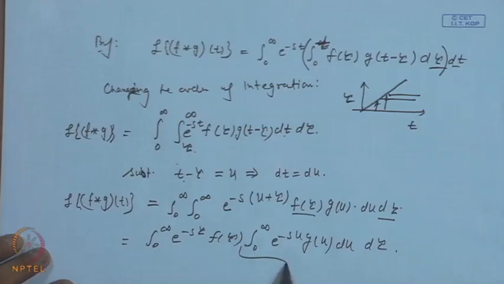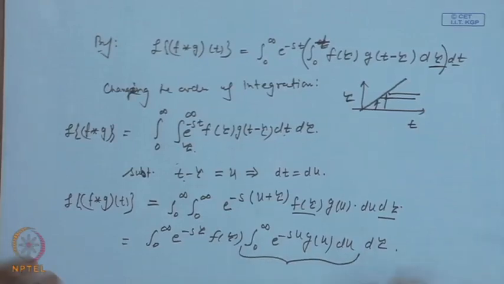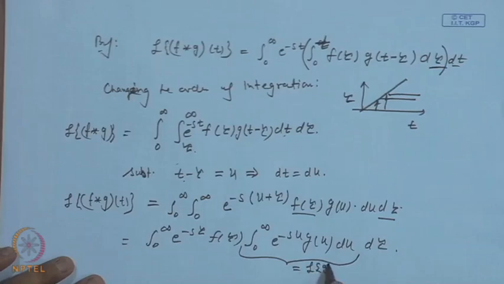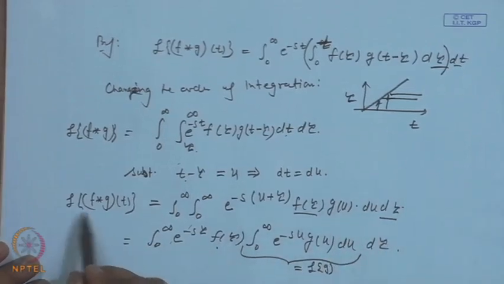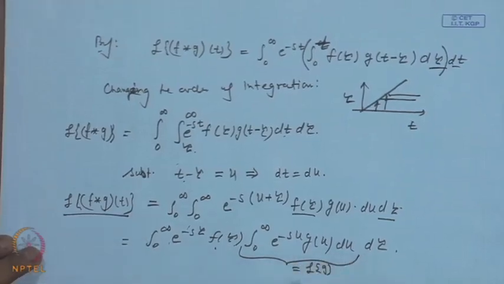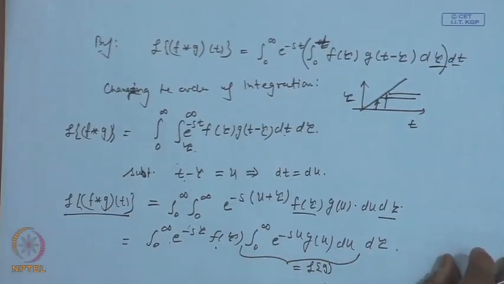So, we see that this is the Laplace transform of g, and the remaining part in the integral, e to the power minus s tau f(tau) d tau, is the Laplace transform of f. So, here we get that the Laplace of f star g is the Laplace of f multiplied by the Laplace of g, this theorem.